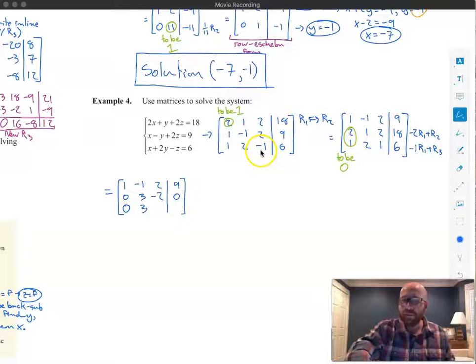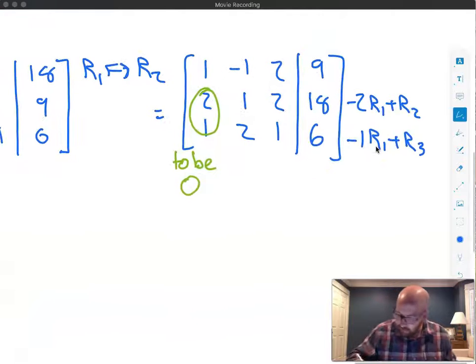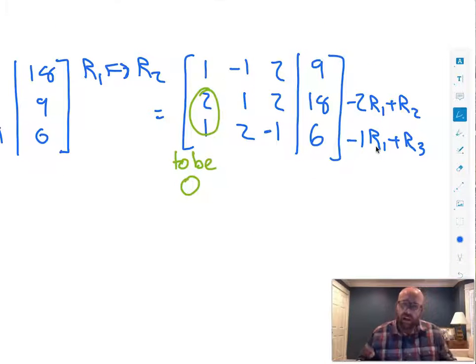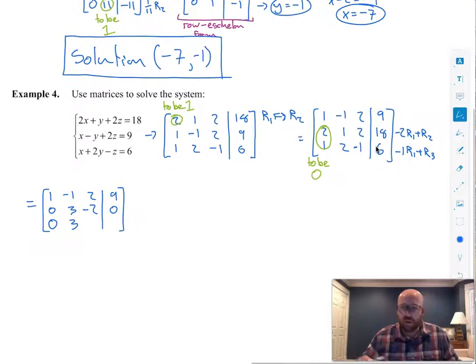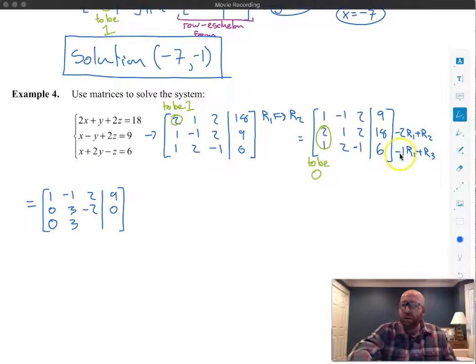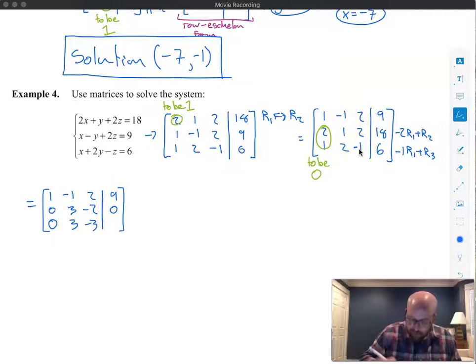What am I missing? We have 1, 2, negative 1, 6. You've got to be so careful with your signs. So back to this operation, negative 1 times 2 is a negative 2, combined with the negative 1 is a negative 3. And then negative 1 times 9 is a negative 9, combined with a 6 is a negative 3.